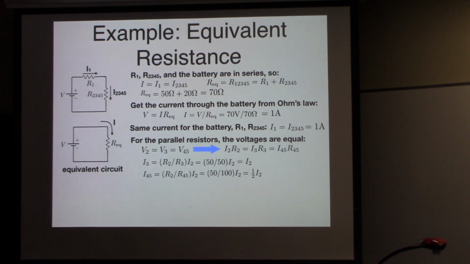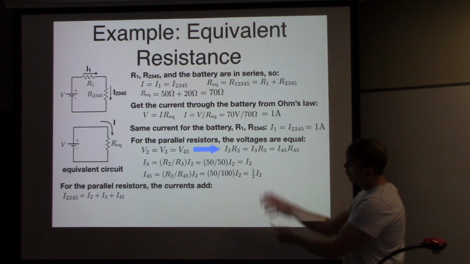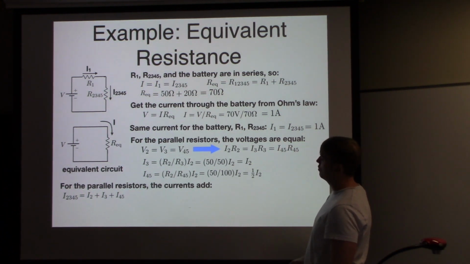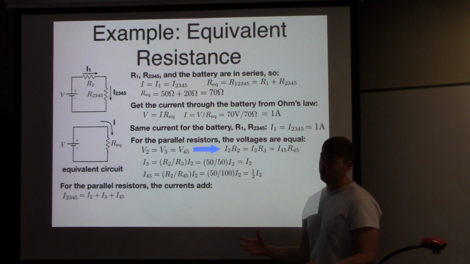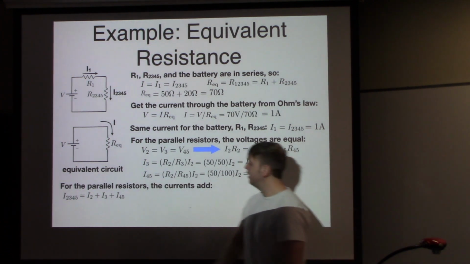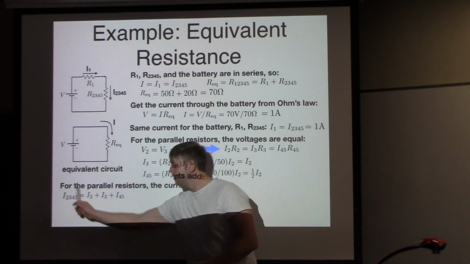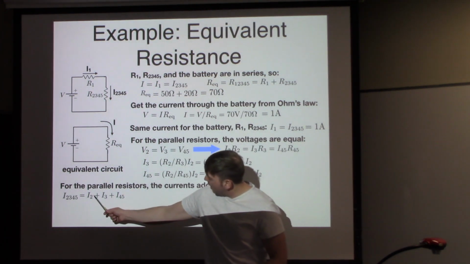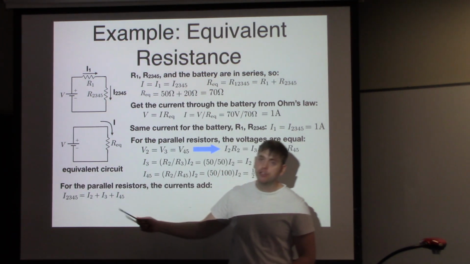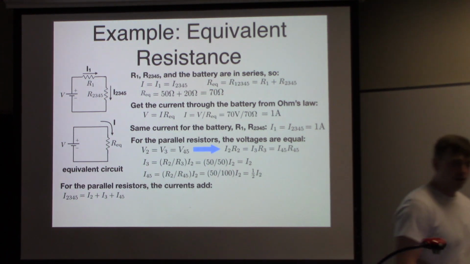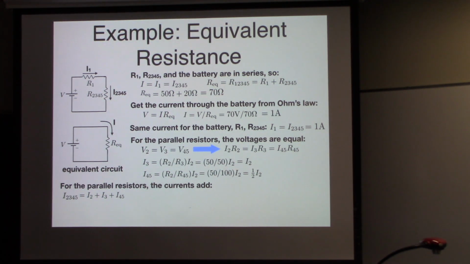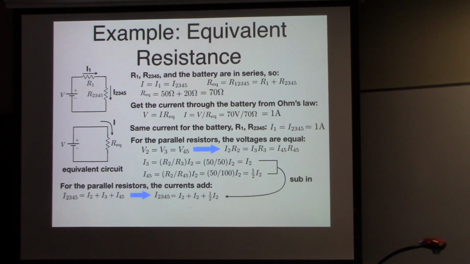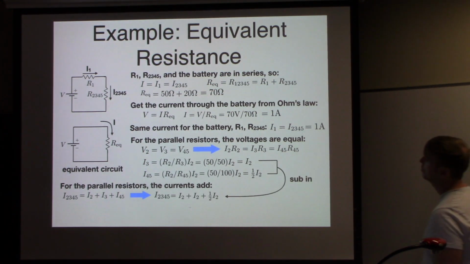Okay, the next equation that we came up with along the way was also about this parallel set of resistors, but it was about how the currents add together. I2, 3, 4, 5, that total current through that combination of resistors, is equal to I2 plus I3 plus I45. Remember, the currents add when you're in parallel. We already came up with this. So what I'm going to do with this now is make some substitutions.